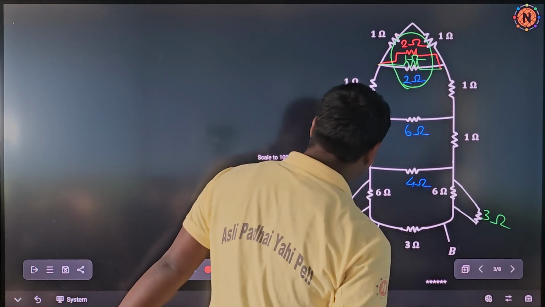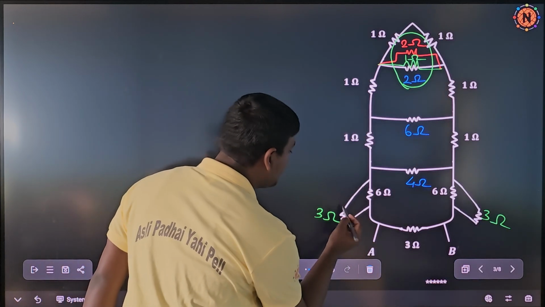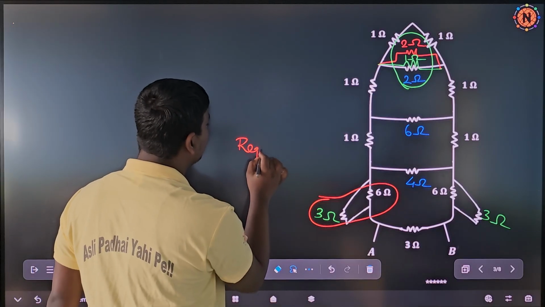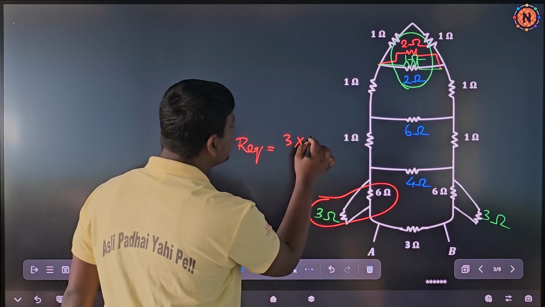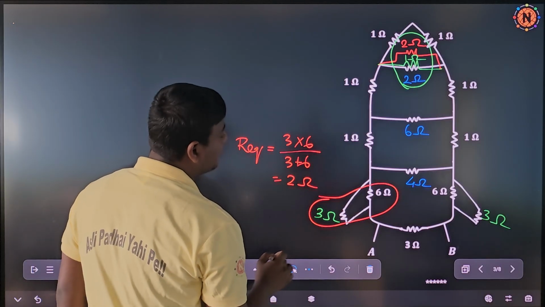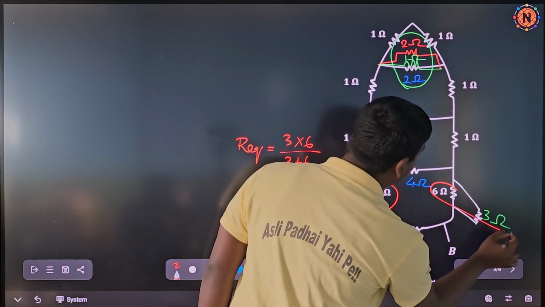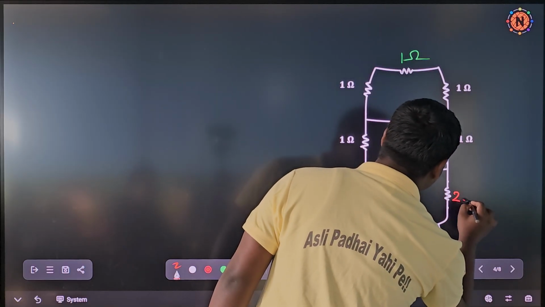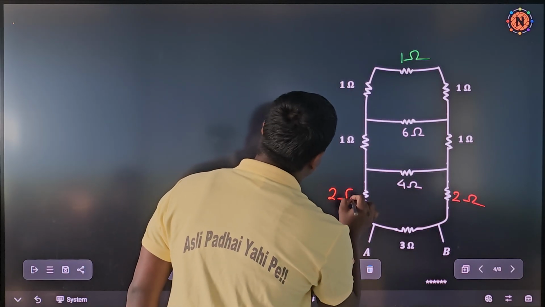And in the lower part, these 3 ohm and 6 ohm are in parallel. Let's calculate the equivalent resistance: product divided by addition, so that will be 2 ohm. Similarly, here also 3 ohm and 6 ohm will be replaced by a single 2 ohm resistance, so that will be 2 ohm, and this is also 2 ohm.